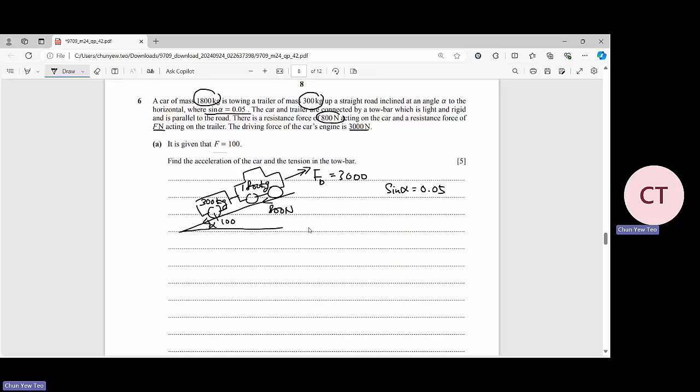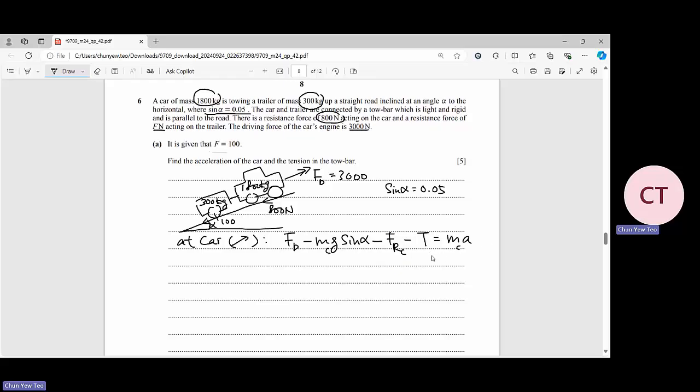So at the car, if you resolve the forces this way, you have the driving force minus mg sine alpha minus the frictional force, and then minus the tension from the trailer. Then you will get ma. So this is the car.